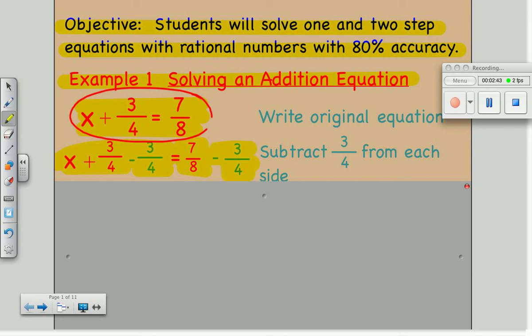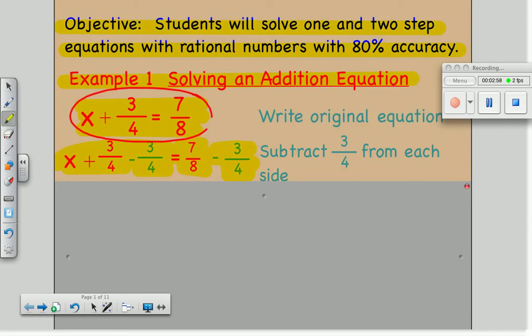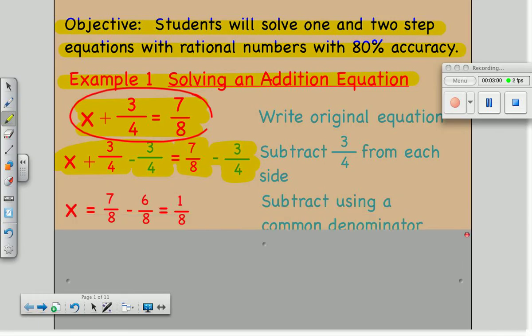Well, what's 3/4 minus 3/4? That is 0. Nothing. So I have x by itself now. Now, what's 7/8 minus 3/4? Now we're going to focus on this side.